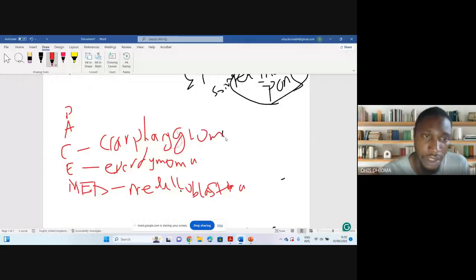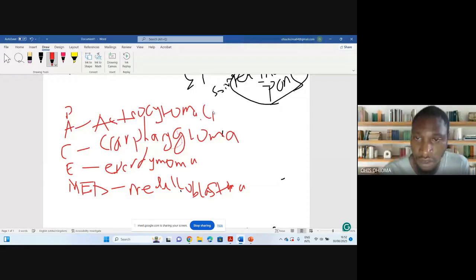The A stands for astrocytoma, and it's differentiated from the one you have in the adult tumors. This one is more pilocytic. And then here we have the pineal gland tumor.